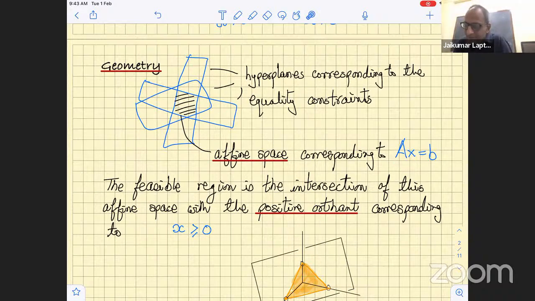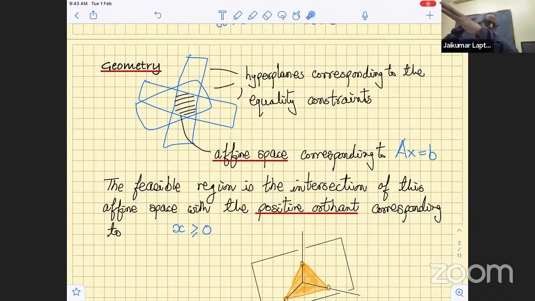In the end, all those equations must hold, which means we are looking at those points which are in the intersection of these hyperplanes. By a hyperplane, I just mean a1x1 plus a2x2 plus anxn equals some scalar value b. It's an equation of a plane, but it doesn't necessarily need to pass through the origin. It can be shifted, so it's an affine plane.